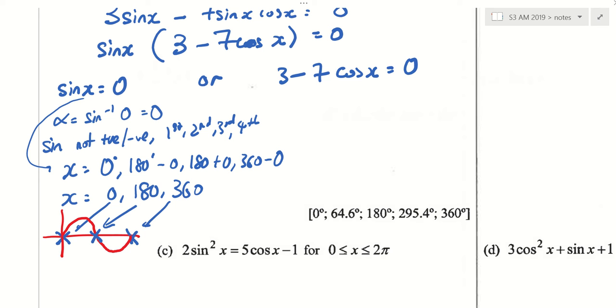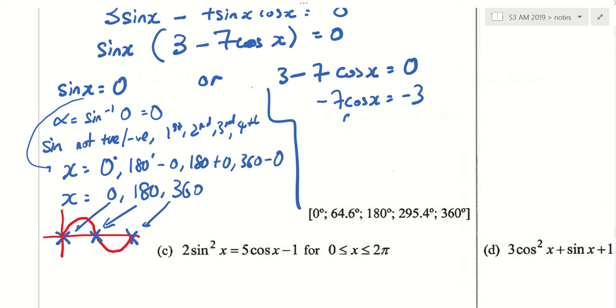Now, the next one is my challenge to you. Do you know my first step? You see, I want cosine to be alone. I want all the other numbers to go away. Bring over which one? 3. Bring over 3 as in divide or minus? Minus. Can you help me? This equals to minus 3. What is the second step? Bring over negative 7, with plus or divide?